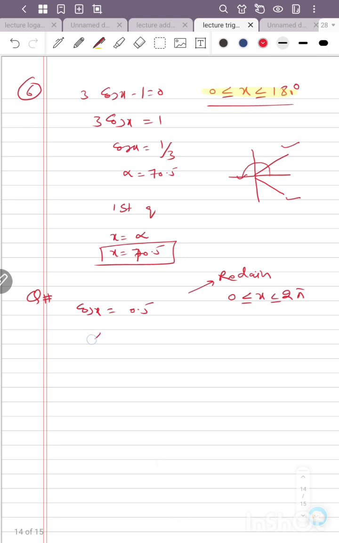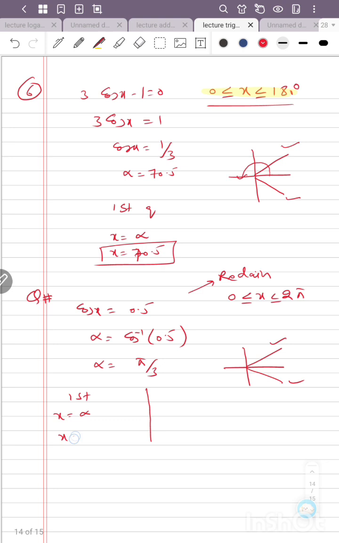So here alpha equal to cos inverse 0.5. You have to convert your calculator into radian mode. So alpha you got pi by 3. Okay, now we know that cos is positive in the first quadrant and fourth quadrant. For the first quadrant, x equal to alpha, x equal to pi by 3.